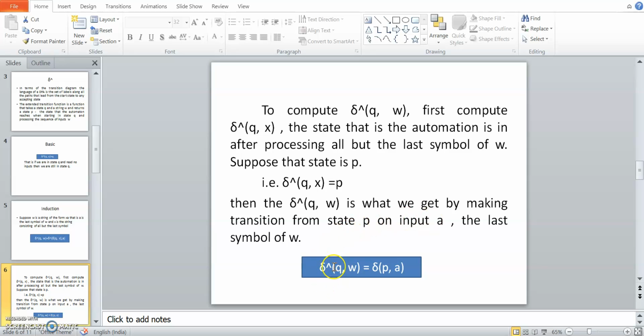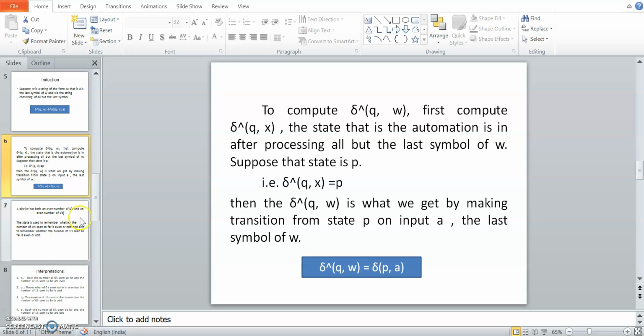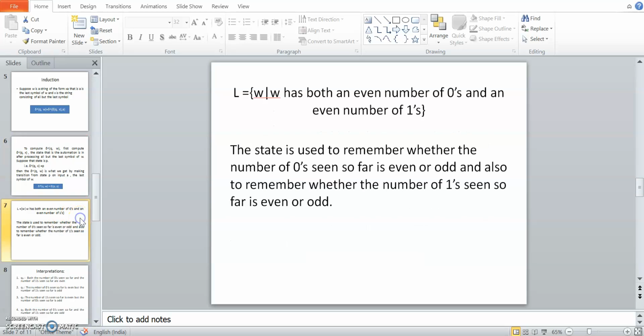In other words, delta of Q and W is equal to the transition function of P and A. W is nothing but XA. We know that till X we were in the state P. Now after reading the last symbol of W, that is A, what will be the next state? We can find that out directly after reading a portion of the string with the help of the extended transition function.